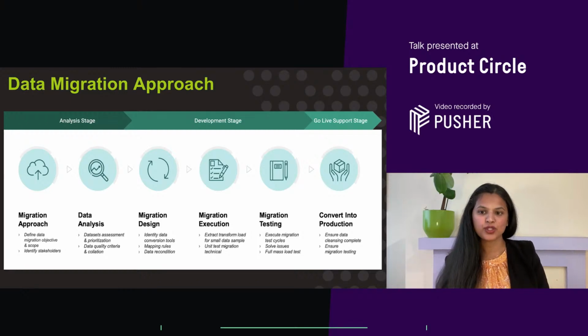The last stage, which is a critical stage, is go live and support. This is the stage where we deploy the solution into production in an automated fashion, integrating with a centralized monitoring system.